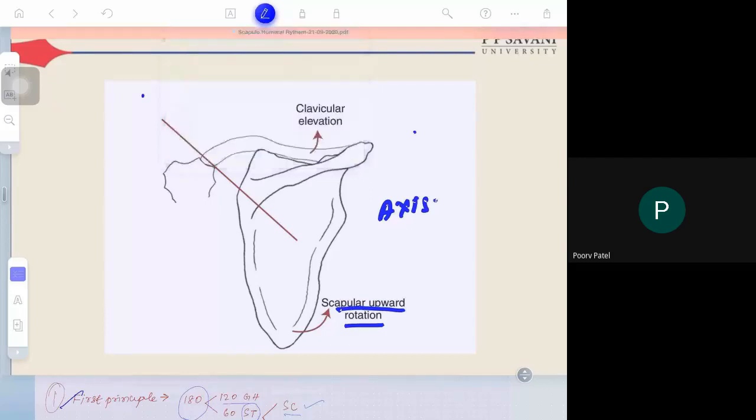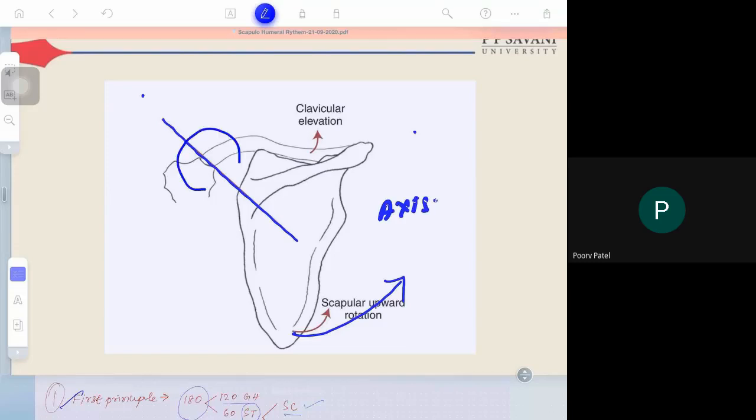Clear? This is the axis for rotation of the scapula. It's an oblique axis and it passes through the costoclavicular ligament. In the first class, when we studied the sternoclavicular joint, we studied this.